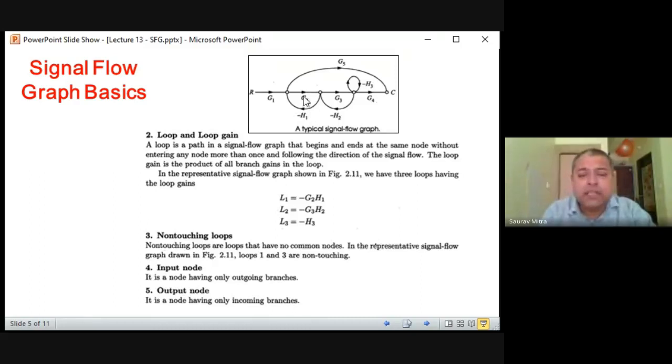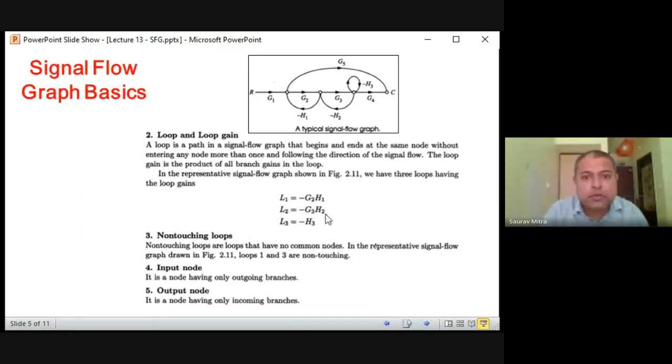So how to find the gain of the individual loop? Minus G2H1, this is minus G3H2, this is minus H3. So this is the second part. The third part is to find how many pairs of non-touching loops are there. So there is only one pair of non-touching loops in this system, that is loop 1 and loop 3. Multiply their gain. This is the next thing you have to do. So that I have shown in the next slide. Okay, what is the input node?